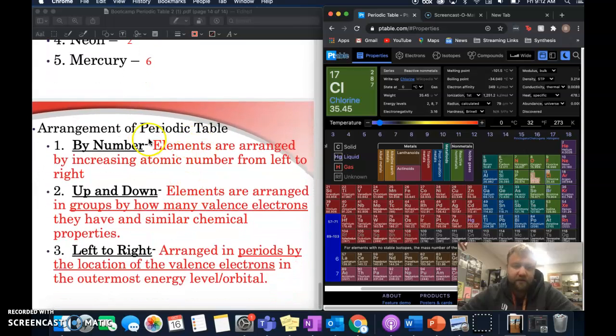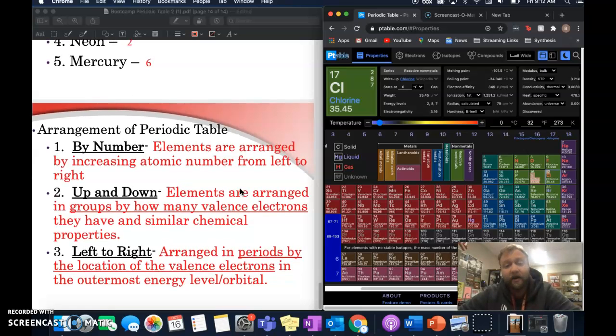So elements, remember, elements are arranged by number. Groups, all the groups except for your transition metals, so groups 3 through 12, those won't have an exact number of valence electrons, but for groups 1, 2, and then 13 through 18, you can tell how many valence electrons they have and which shell they're going to be on by which period they're at.